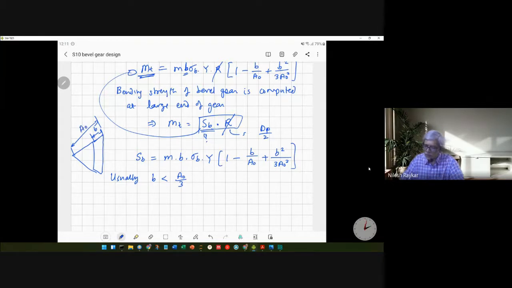So b is kept smaller than a naught by 3, which means that this particular term will be smaller than 1 by 27. So it is a small number compared to this number. This number will be very small.